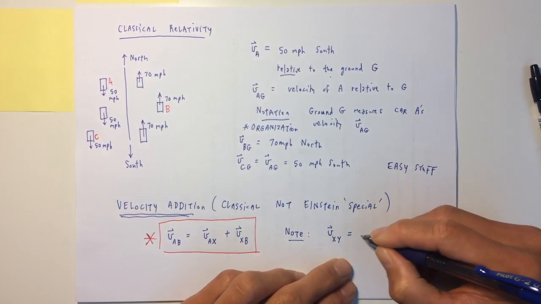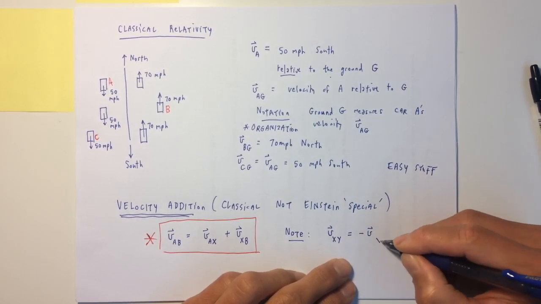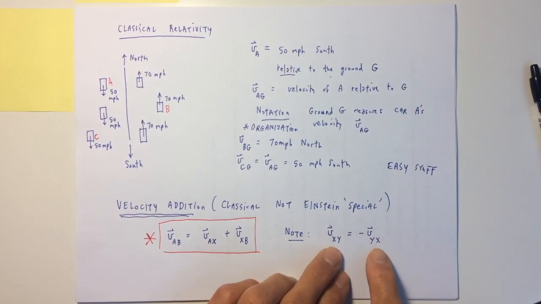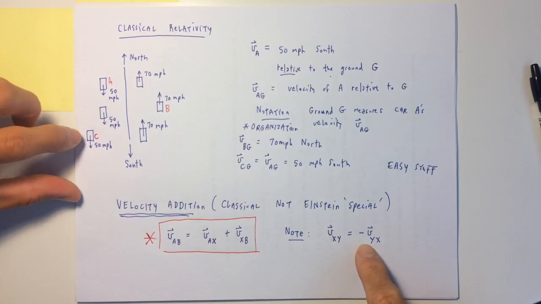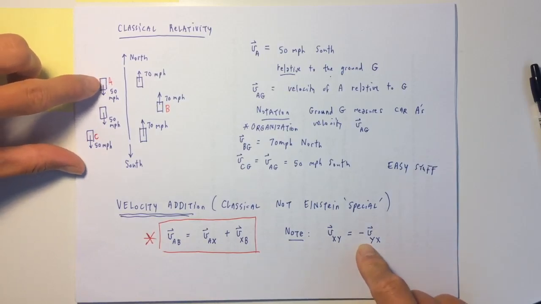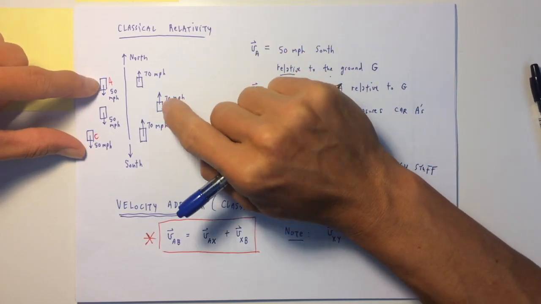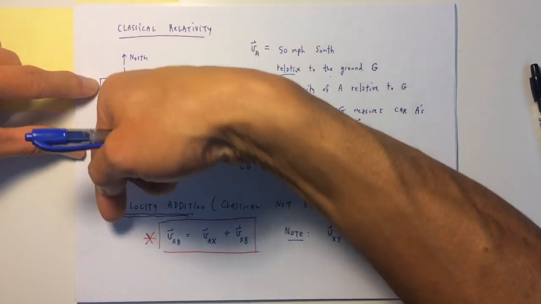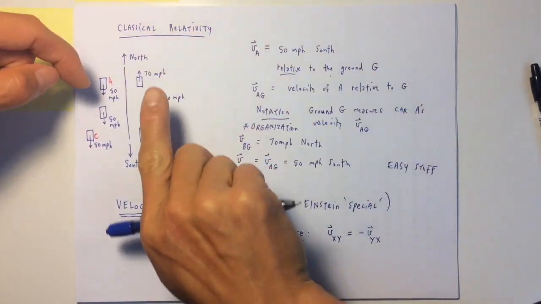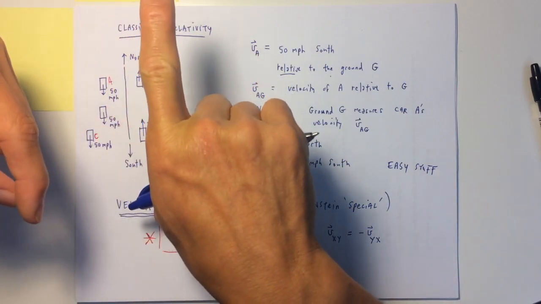This is equal to the opposite of how x measures y's velocity, right? If you notice, check out velocity of A relative to B. Can you see that B says A is heading downwards, but A says B is heading upwards? They have opposite relative velocities.